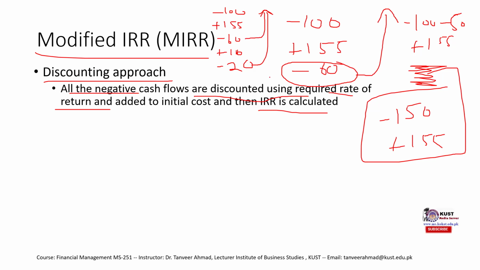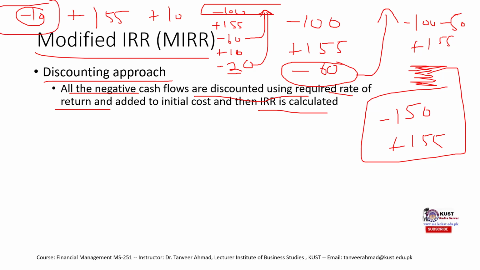Remember, all the negative cash flows would be discounted. So now we would have minus 100 and the present value of all these 60 and 20, so we would have negative here, and then positive 155 and positive 10. So only this first value would be negative, whatever the value is. So now again we have converted the non-conventional cash flows into conventional cash flows.